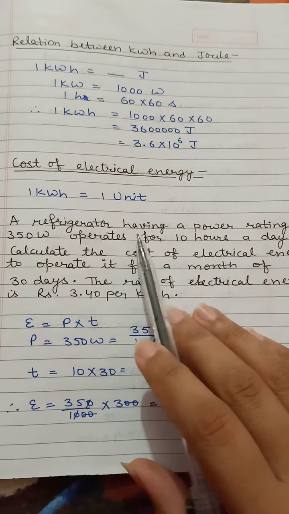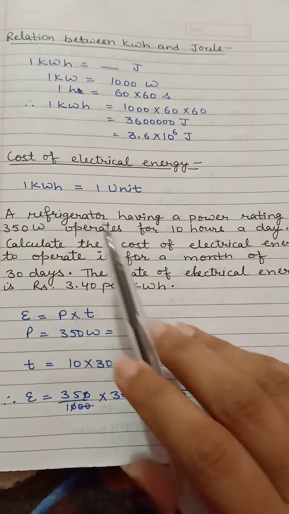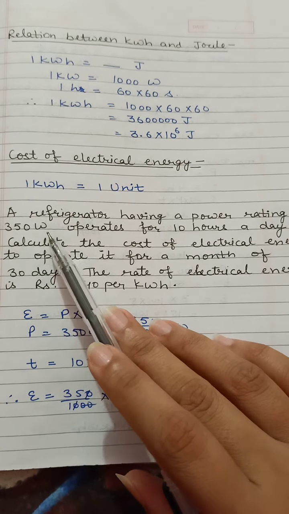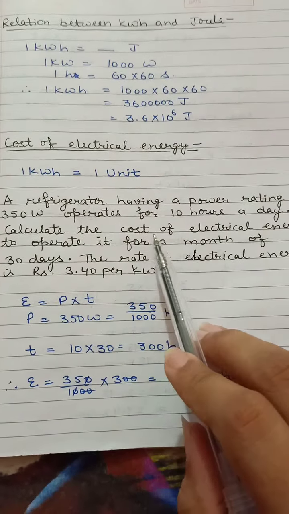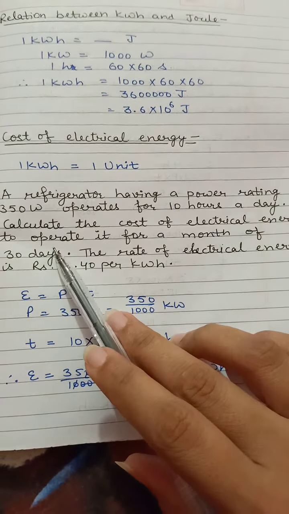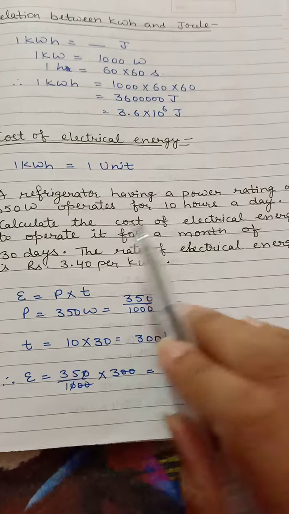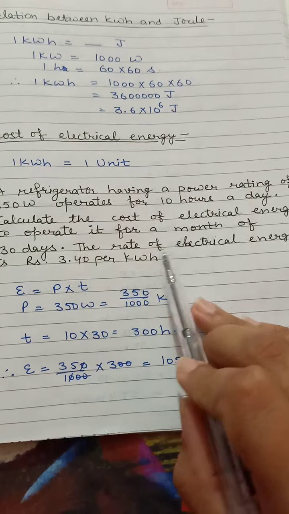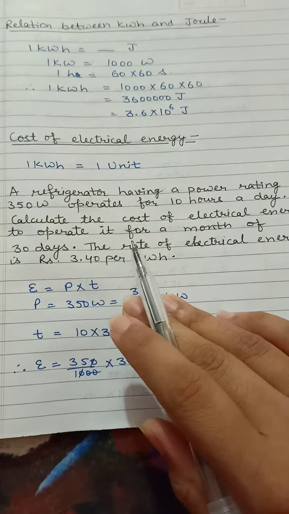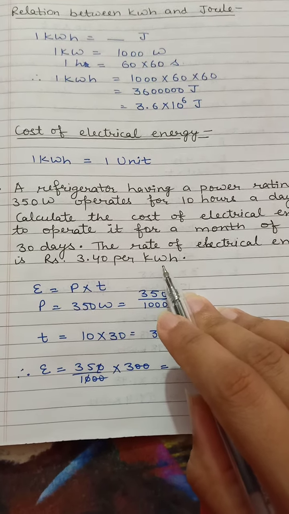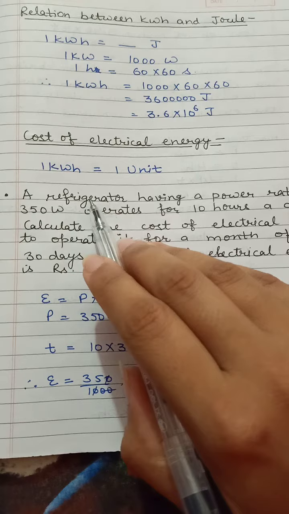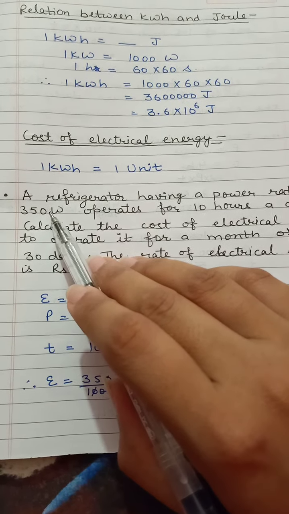The question is, a refrigerator having a power rating of 350 watt operates for 10 hours a day. Calculate the cost of electrical energy to operate it for a month of 30 days. The rate of electrical energy is rupees 3.40 per kilowatt hour. So this is the power of the refrigerator, 350 watt.